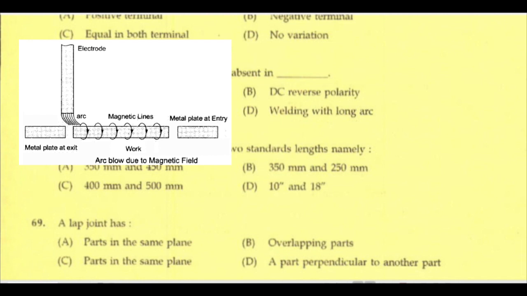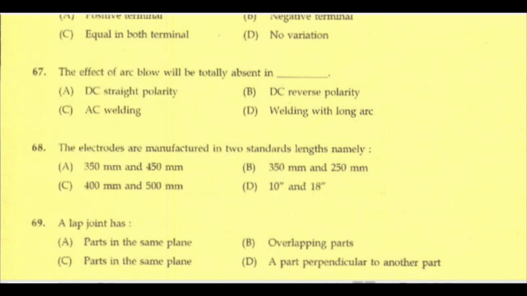It is caused by the distortion of the magnetic field produced by an electric arc current when welding ferromagnetic steels. Uncontrolled deflection of arc is known as arc blow. It is fully absent in AC welding.